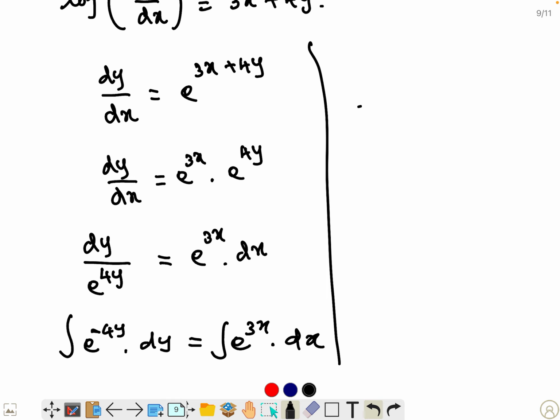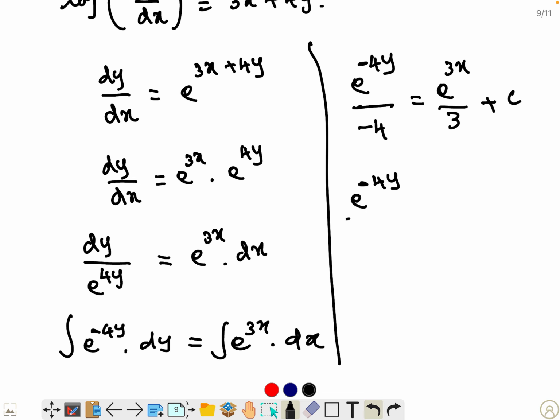If you integrate this, you will get e power minus 4y divided by minus 4 equal to e power 3x divided by 3 plus c. Next, e power minus 4y divided by minus 4 equals e power 3x plus 3c divided by 3.